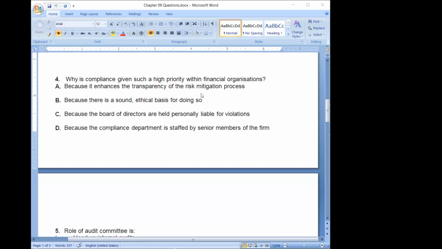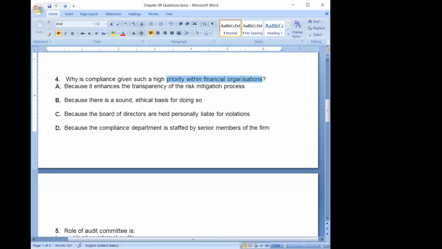If you look at the question, it is about why compliance is given such a priority. The question is not about why compliance is important. When you ask why compliance is important, you're talking about the value of that function. But when the question is about why it is given priority, that means somebody is making it a priority area. Technically, it's the governance structure, that's the board of directors.